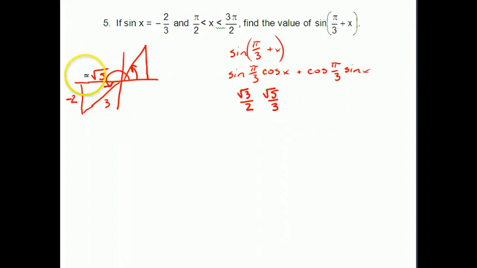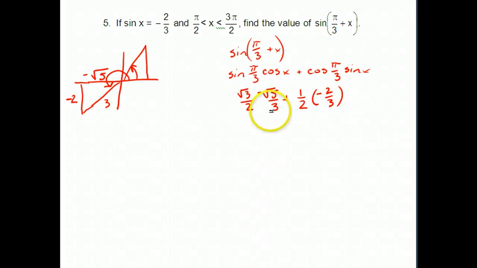My adjacent, sorry, it should be minus root of 5 over 3, because we're going in a negative direction here, so this must be negative root 5. So negative root 5 over 3, and then plus cos of pi over 3 is going to be 1/2. And sine x is going to be opposite over hypotenuse, so times minus 2 over 3.